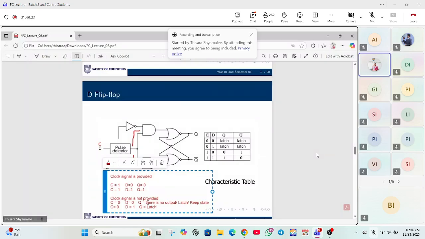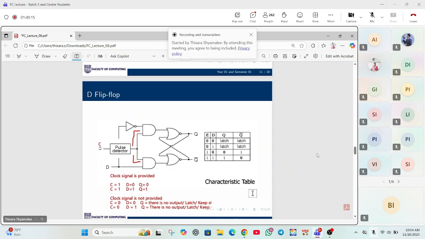That means there's no output, keep state.